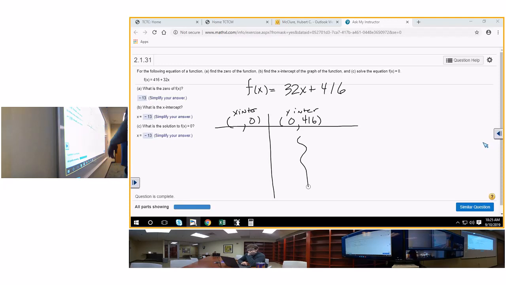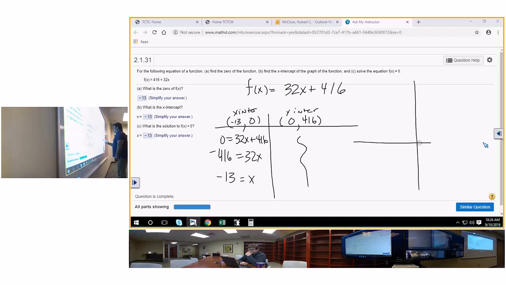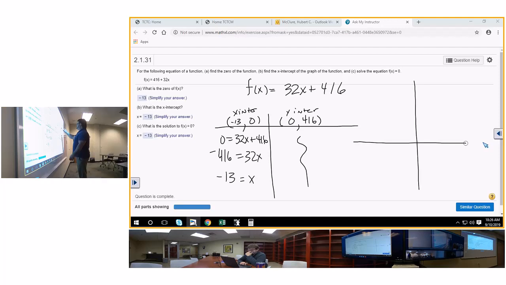When y is equal to 0, 0 is equal to 32x plus 416, minus 416 equals 32x. Somebody take 32 negative 13. So negative 13 is your x-intercept. So we got something that looks like this: 0 and 416, and negative 13.